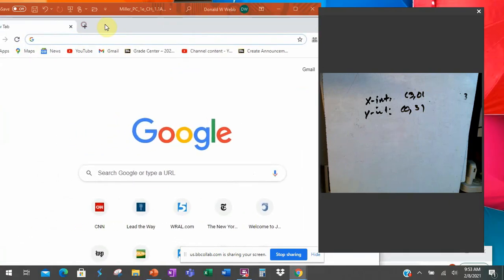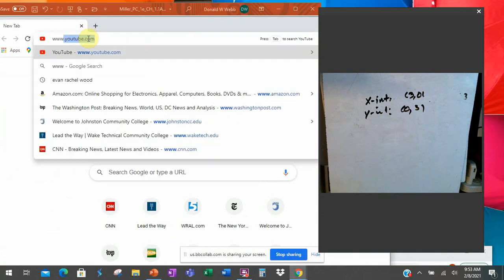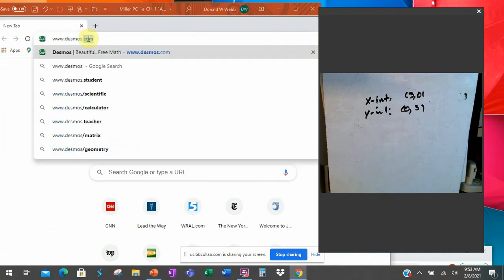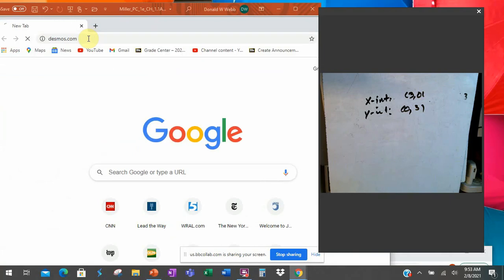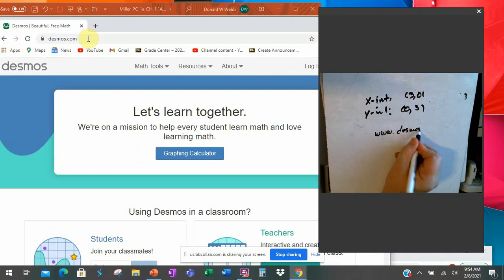Okay, so there is the website. Go ahead and write this down, www.desmos.com. We're going to use that a lot for our graphing. Okay, and just start your graphing calculator.